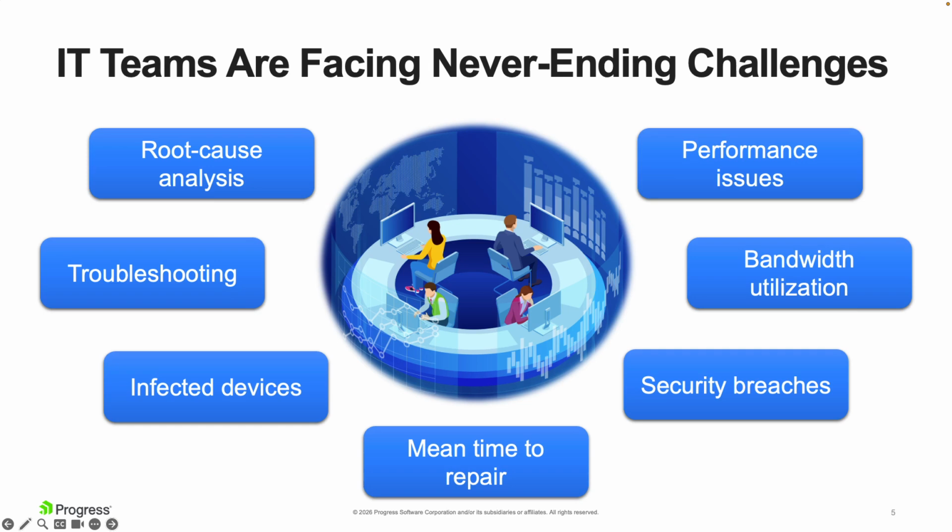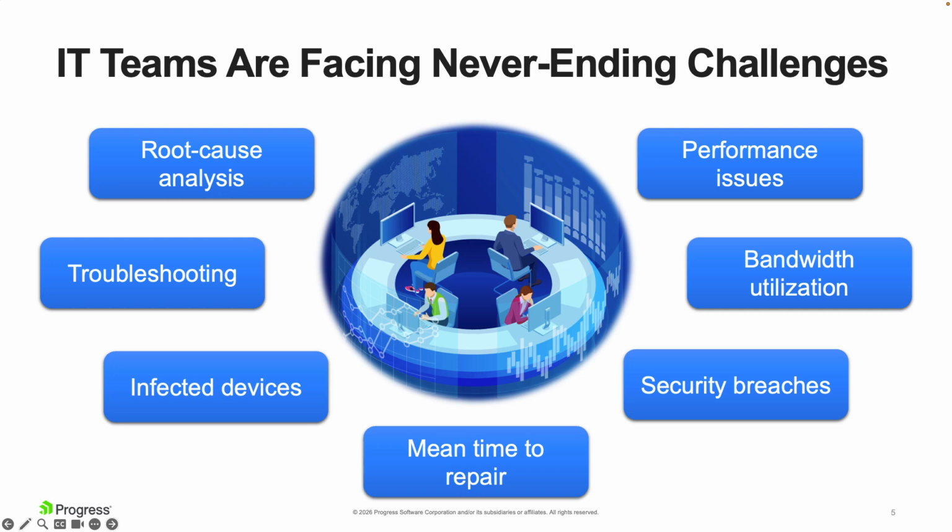So combining all of these attributes: root cause analysis, troubleshooting, monitoring for infected devices, as well as making sure that the network is performing at an optimal level, monitoring the bandwidth, and looking for any security breaches as well. Whenever there is an issue, we are looking at mean time to repair: how long will it take you to put the business back to normal operation?